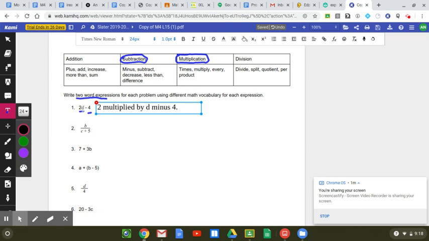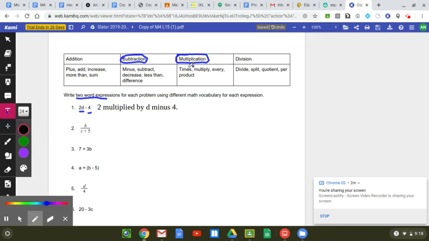We have 2 times D, that's 2D, that's multiplication, and then I'm subtracting the 4. So 2 multiplied by D minus 4. And again, that's only one of many words in this section. So I used multiply, and I used minus, but I could have used product, times for multiplication, and I could have used subtract, decrease, less than, difference for the subtraction. Okay, so that kind of wraps up that one.